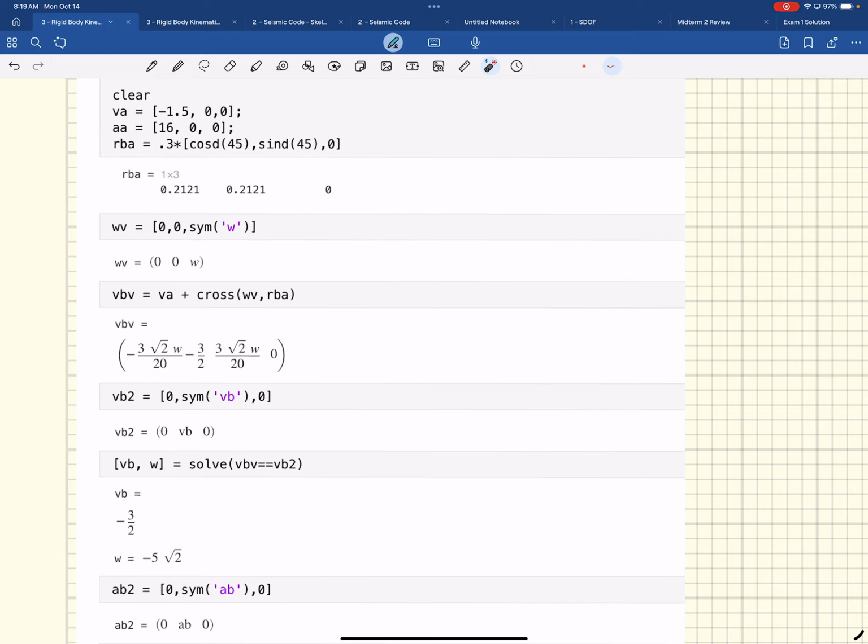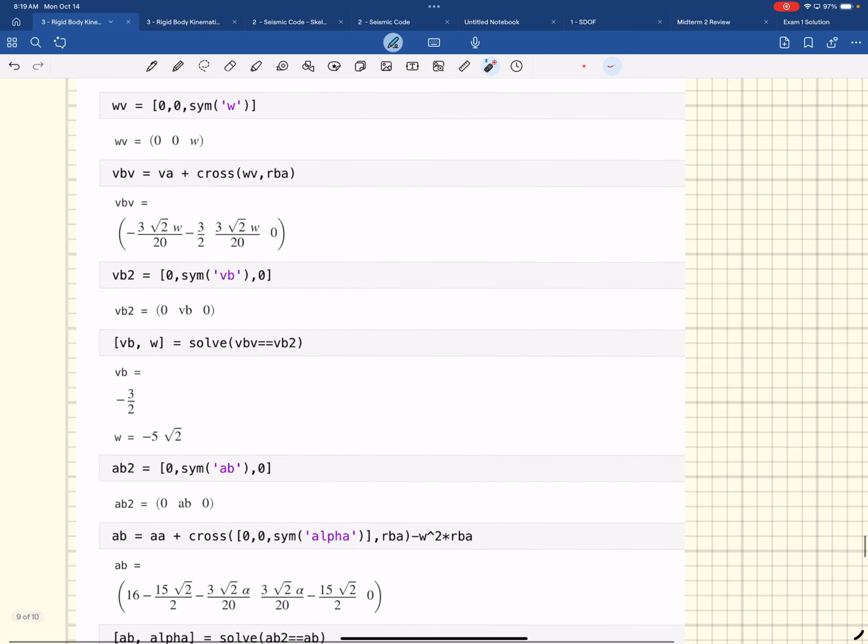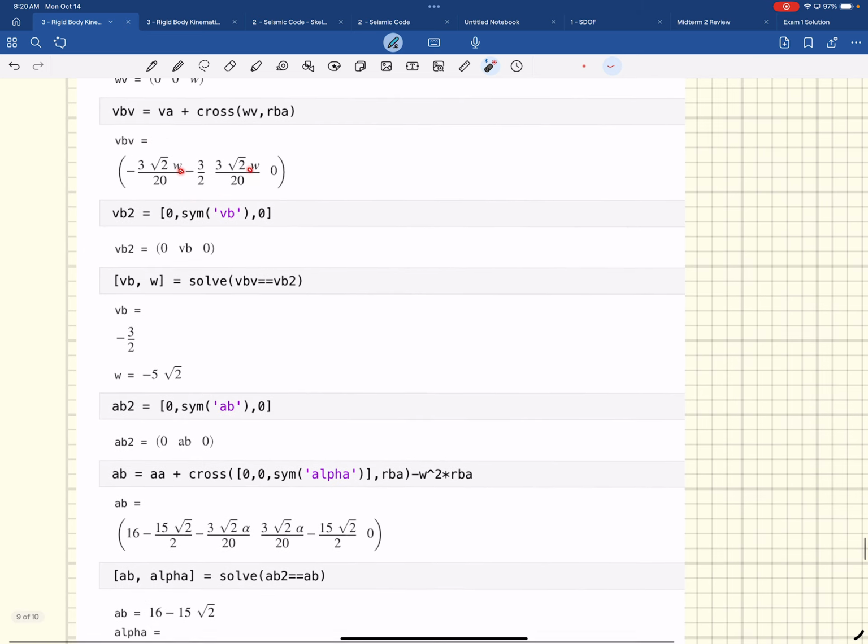That's an unknown, so I put it in as a symbol: 0, 0, and omega in the K direction, assuming a positive omega. Then VB, the velocity of B, is equal to VA plus the cross product of omega crossed with RB as seen from A. There it is in its symbolic form, with the omegas floating around.